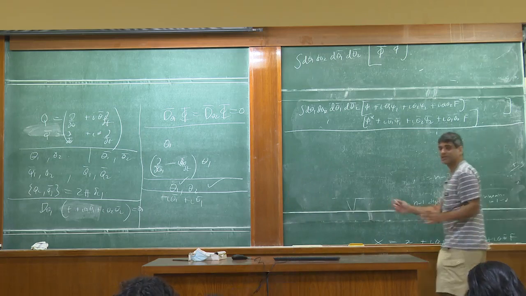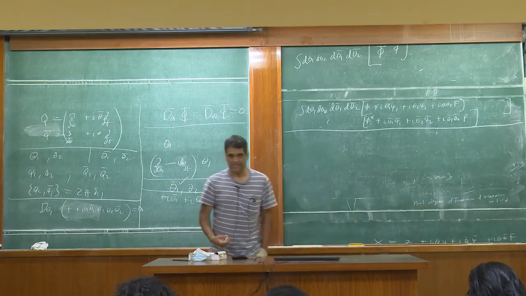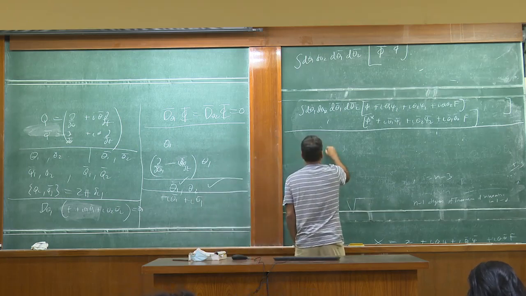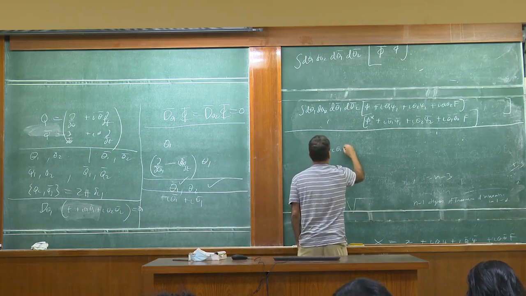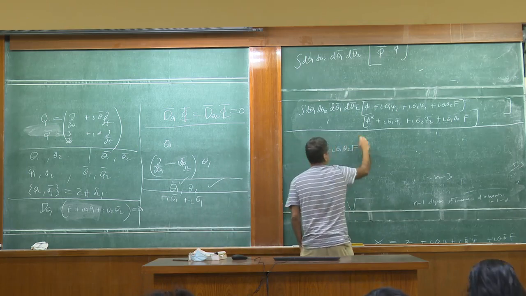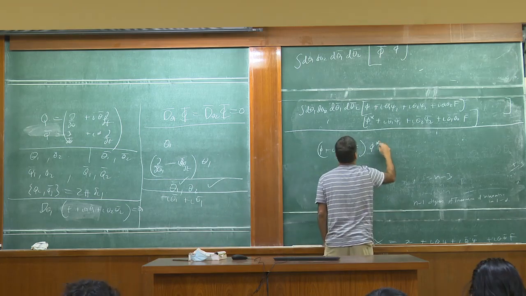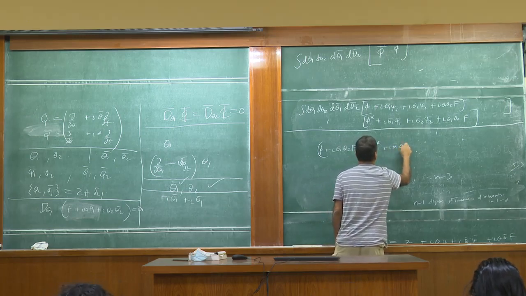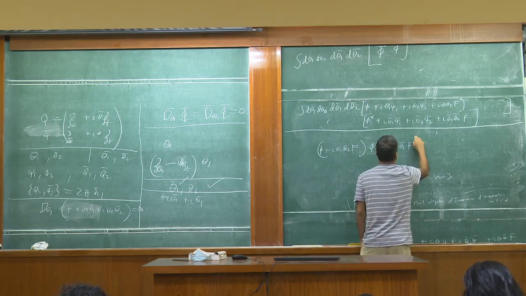So let's first look at boson times boson. Okay. So that was phi plus I theta 1 theta 2 f into phi star plus I theta 1 bar theta 2 bar f star.